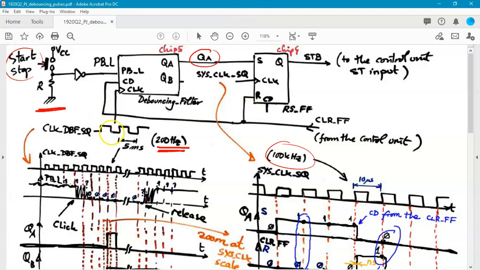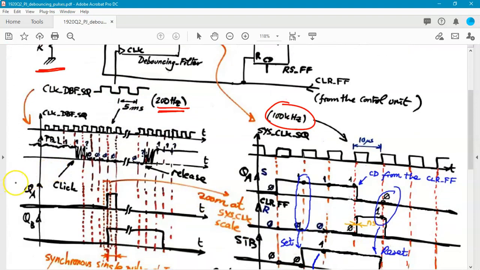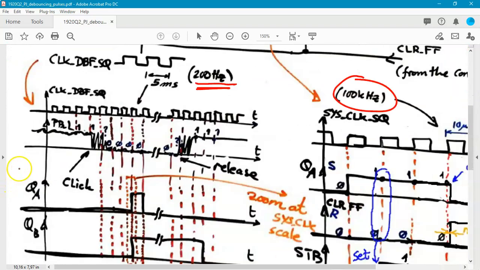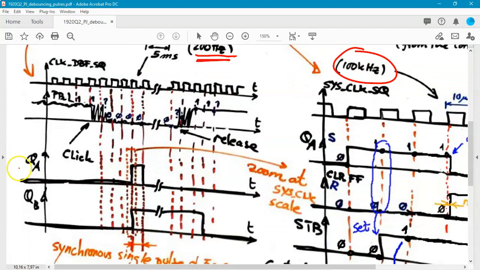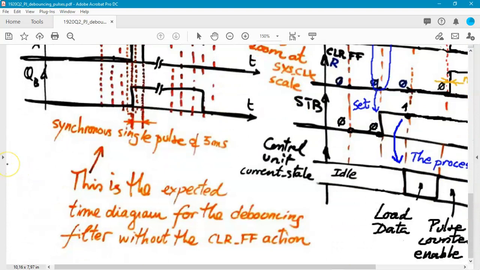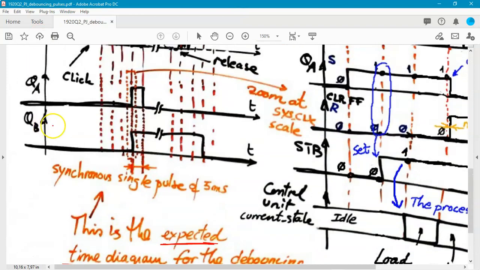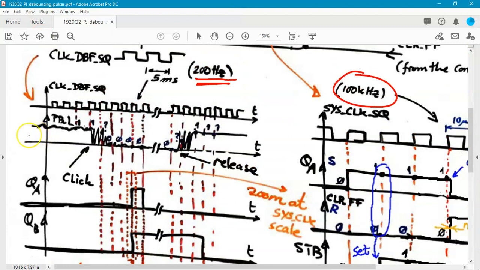So in one way you have, for example, here in the left, the discussion about the debouncing filter alone, right? So if you think about this picture, this is going to be the expected timing diagram for the debouncing filter, okay, without anything else, as if it had to work alone. So in this case, what you've got here is the frequency clock debouncing squared that is ticking and is generating sampling periods.